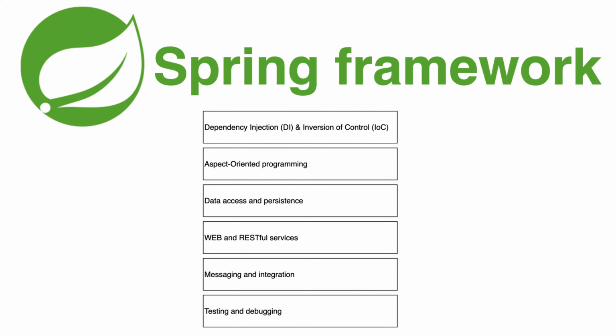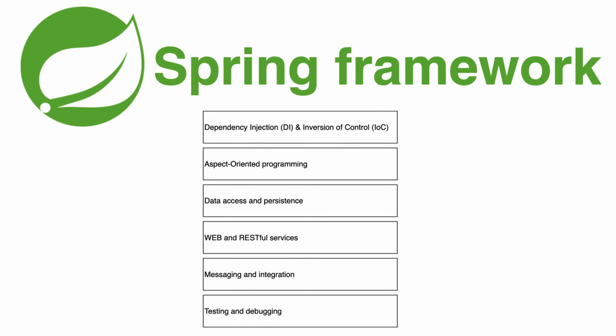The framework provides a comprehensive set of tools and features for building complex, scalable, and maintainable applications, including the following: dependency injection and inversion of control, aspect-oriented programming, data access and persistence, web and RESTful services, messaging and integration, and then testing and debugging.